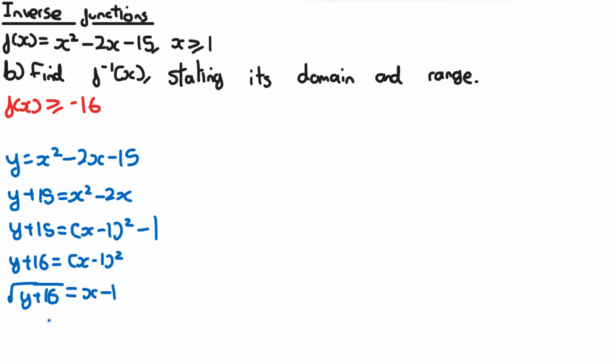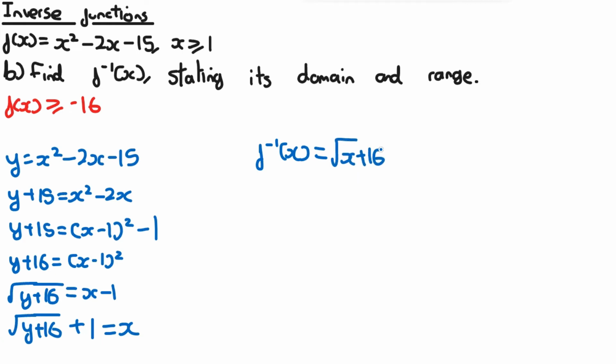Then move the 1 onto the other side to get the square root of (y + 16), plus 1, where the plus 1 is outside the square root, equal to x. Therefore, f^-1(x), if we replace y with x, is equal to the square root of (x + 16) plus 1, like this.